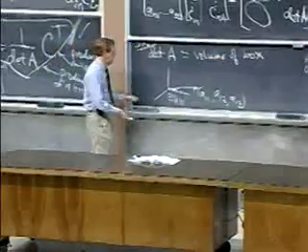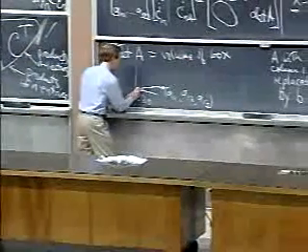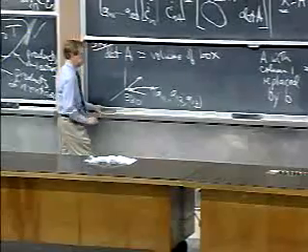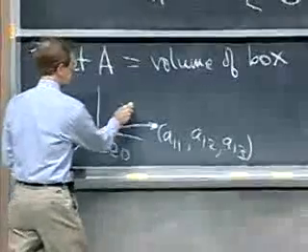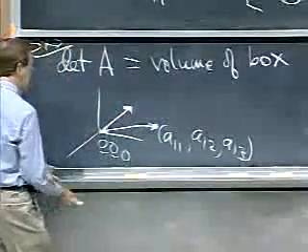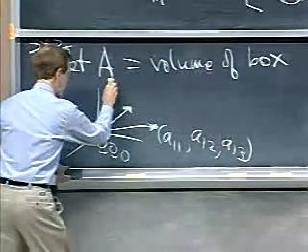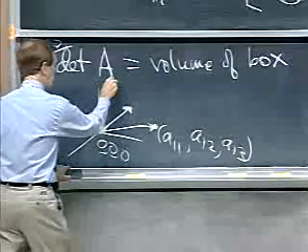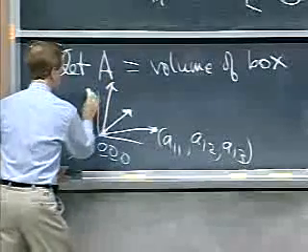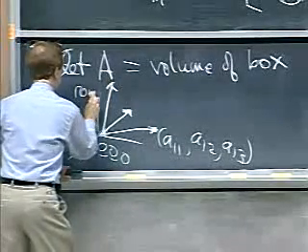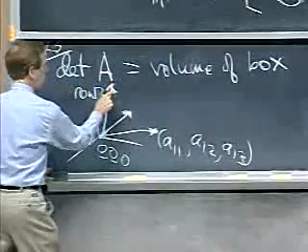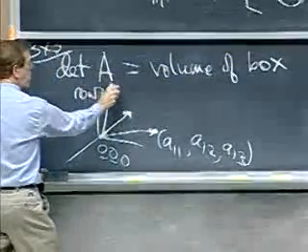Another edge of the box is given by the second row of the matrix, row 2. And a third edge of the box will be given by row 3. What are the coordinates of that corner of the box?